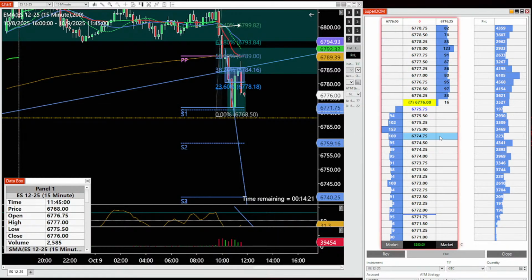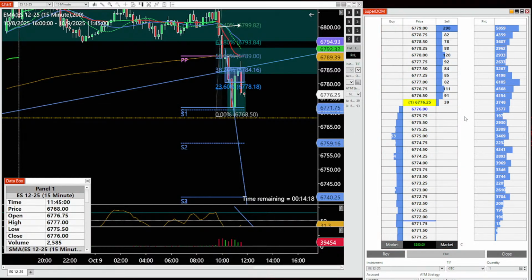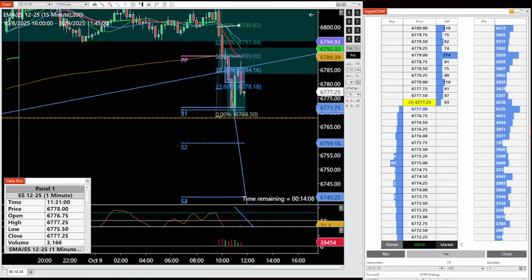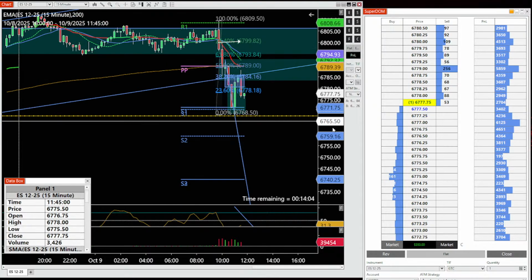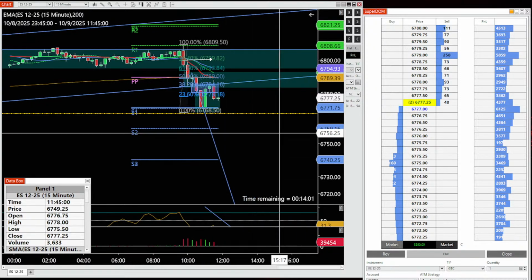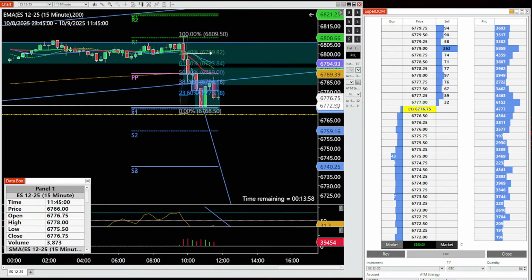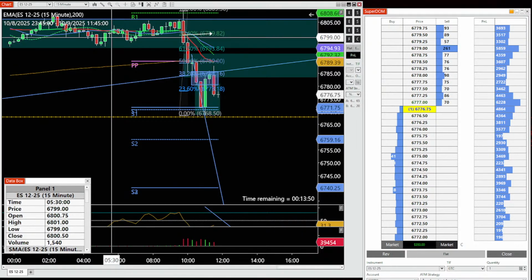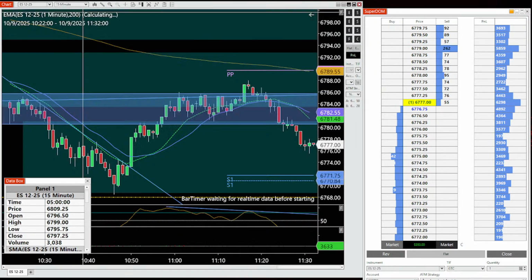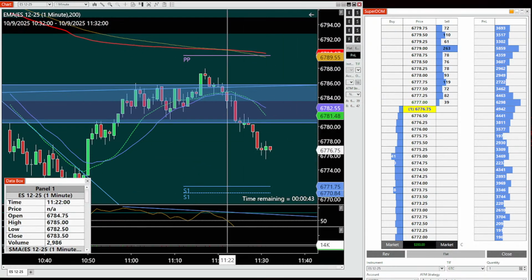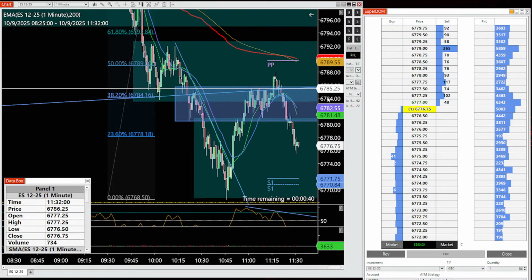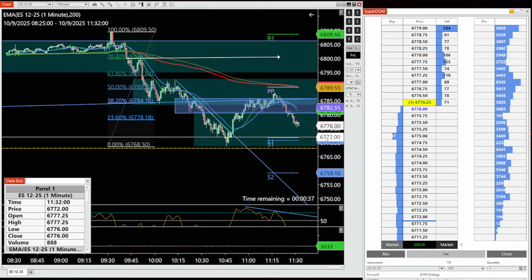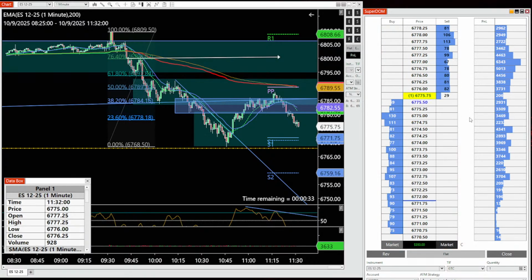The low is 75. Low is 75.50. We get 75.50 to 71.